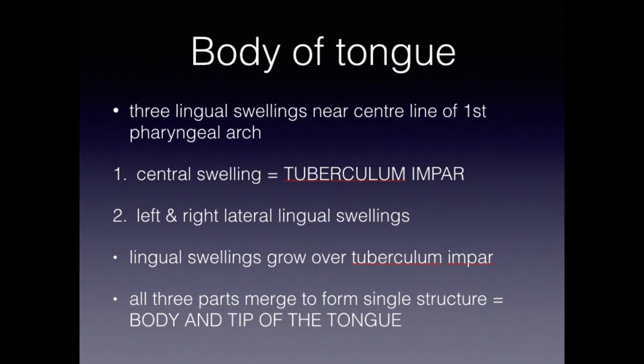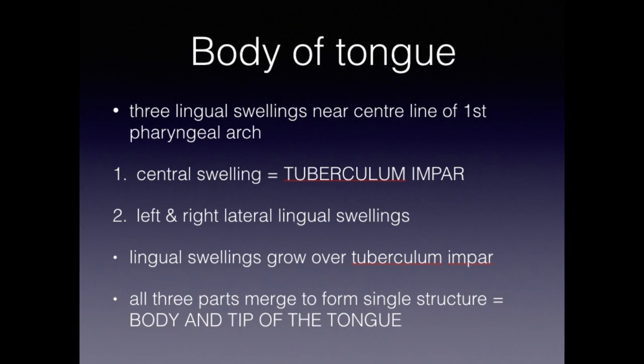At the same time that this is happening, a sulcus will form between the developing tongue and the jaw tissues, the mandible that is forming, so that it doesn't physically attach to the same surface of tissue. So we have all of these invaginations that are happening throughout the oral cavity as things change.